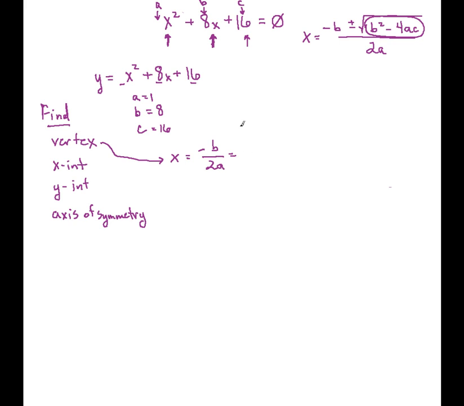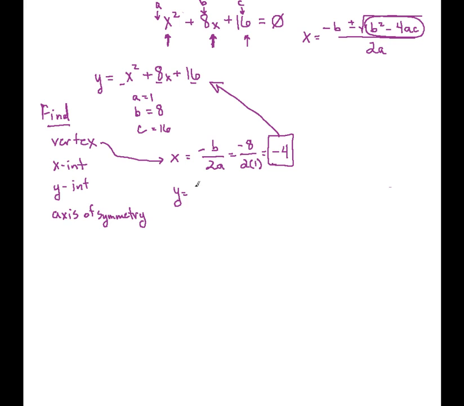In this case, that is negative 8 over 2 times 1, which is negative 4. The y-coordinate, then, is whatever you get when you take negative 4 and plug it into the original equation.